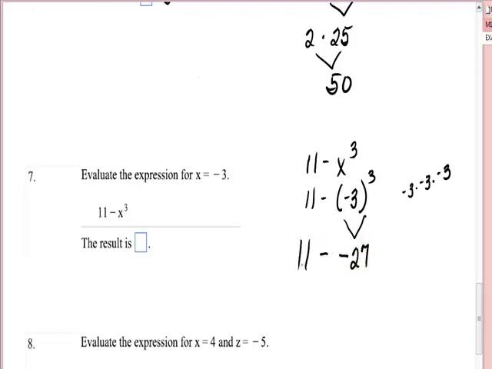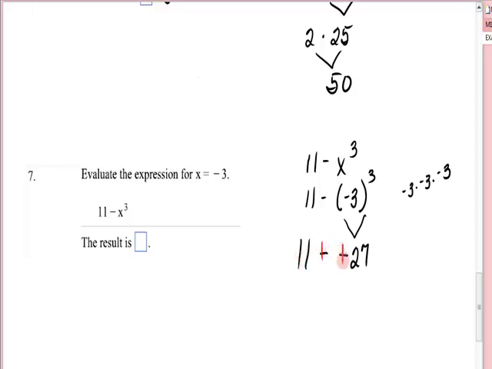So I have 11 minus -27. Subtraction, so I'll do keep, change, change. Now it's the sum of those, 38. This is 38. Be sure anytime you're putting a number in the place of the base, especially a negative base, that you put it in parentheses.